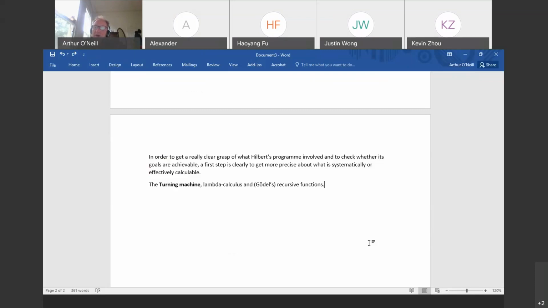So although the idea of what exactly effectively or systematically calculable means is sort of vague, the fact that these three separate attempts by an Englishman, an Italian and a German, as it so happens, all coincided gives you some extra faith in the thought that maybe they did capture what it is that a human working systematically can do with these three formalisms.